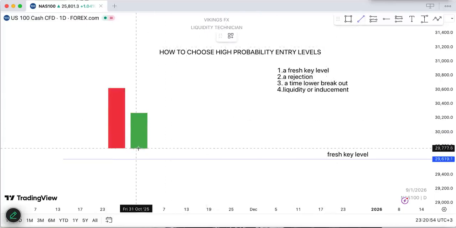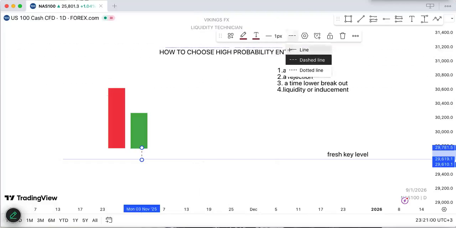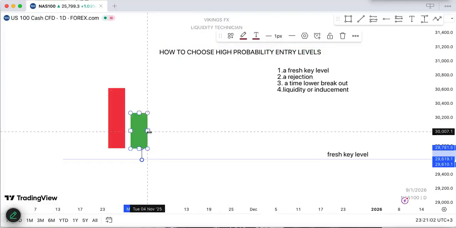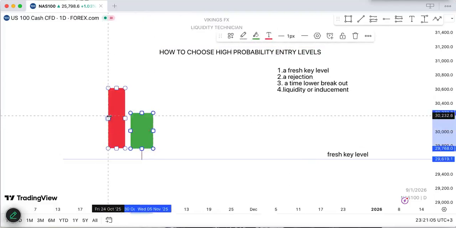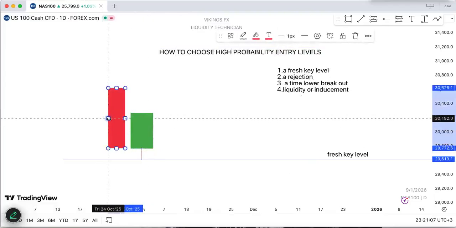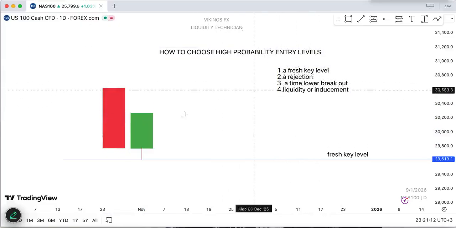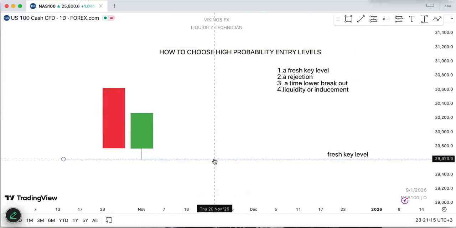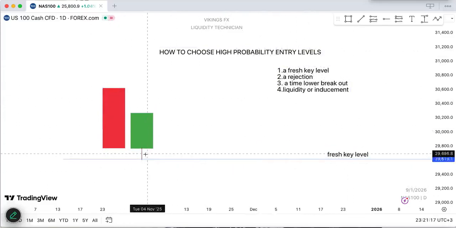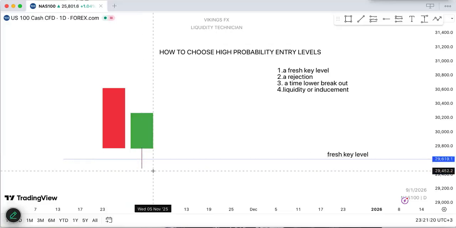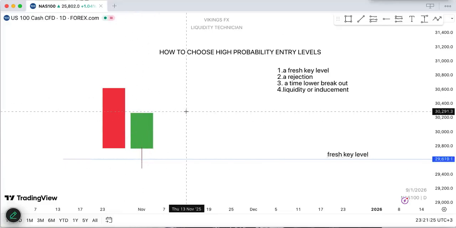In such a scenario, we have this week here as the week of rejection, the week which rejected. So now we have two of our criteria in line. First we have the fresh key level, then second we have a rejection of that key level. It has to tap and it rejects and it has to close.